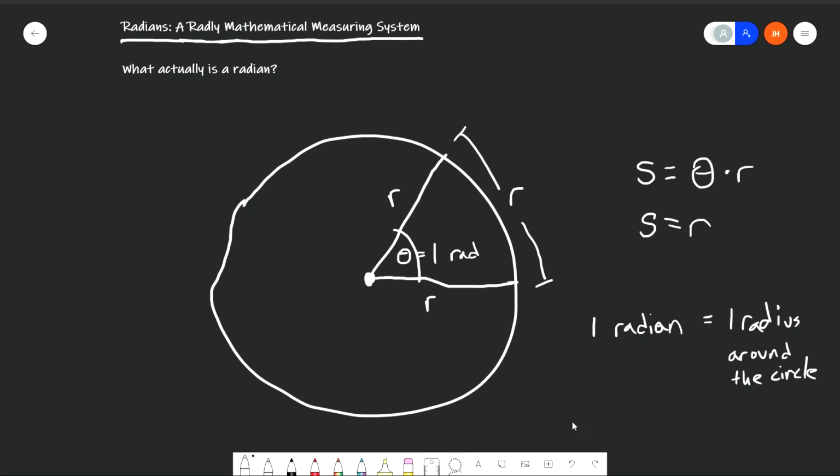Well, the full circle we said was 2 pi radiuses, right? This is why 1 full rotation is equal to 2 pi radians. So essentially, y'all, radian measurement is just a connection between the radius and the circumference of a circle, as we defined from the very beginning.